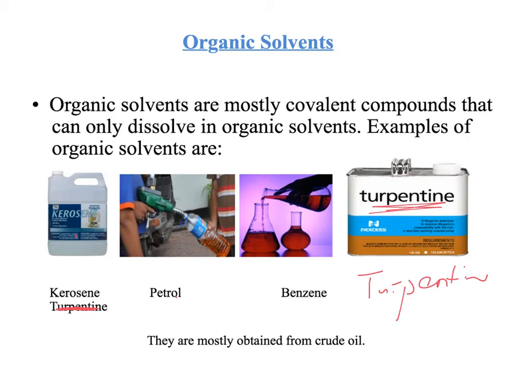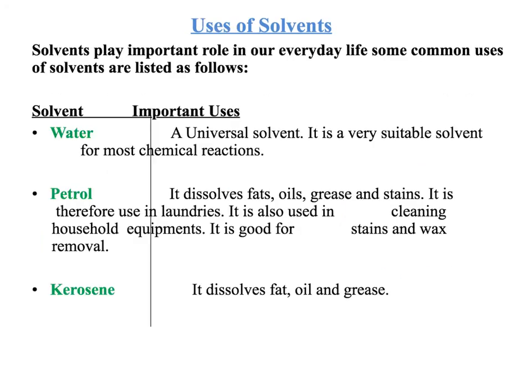They're mostly obtained from crude oil. They are regarded as organic. What you need to know about these solvents are their uses, and they often come out in past questions. Water is a universal solvent, suitable for most chemical reactions.